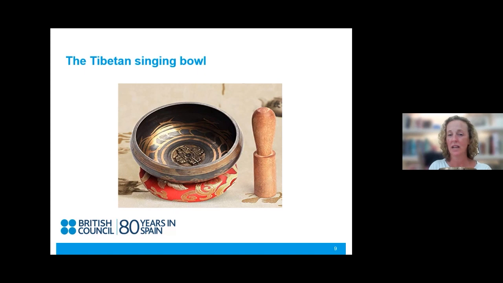Okay, I'm not sure how the sound quality is, but there is a tone. It's just finished. Probably over the internet you might not be able to appreciate that. So you can hit the bowl, or you can play the bowl and make it sing. Just simply by going round and round, the vibrations start to make a noise.